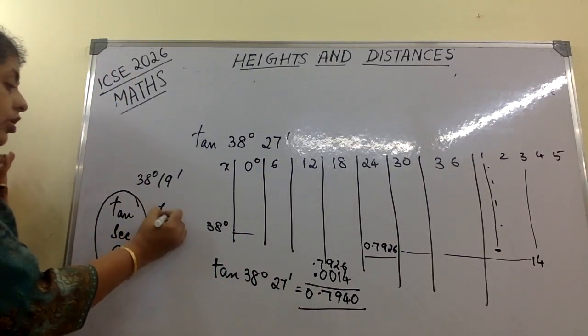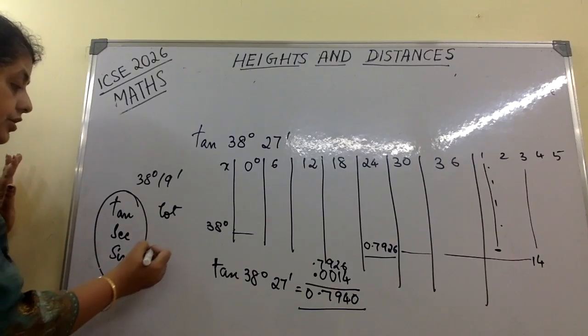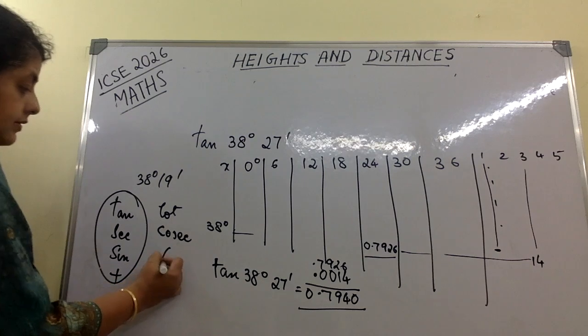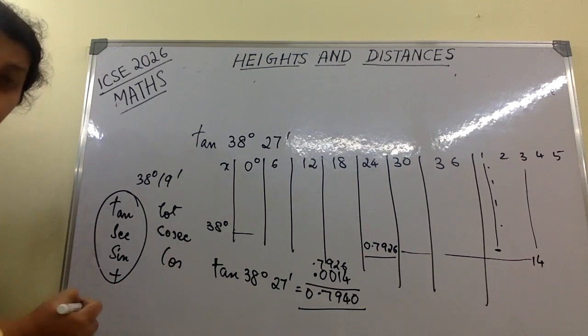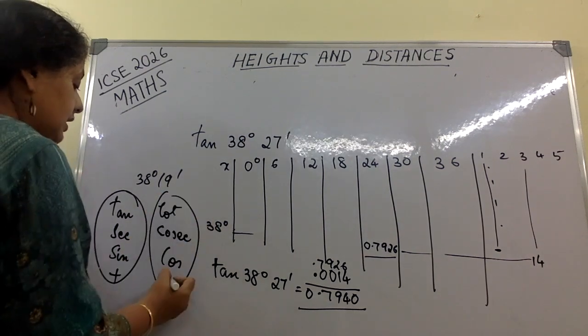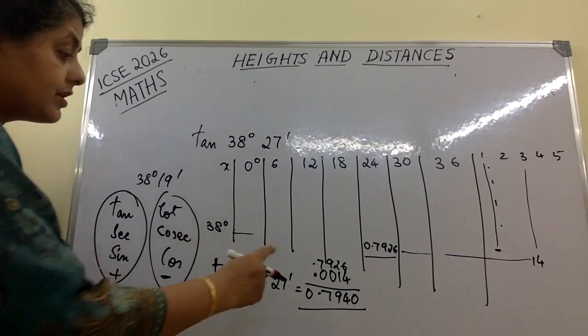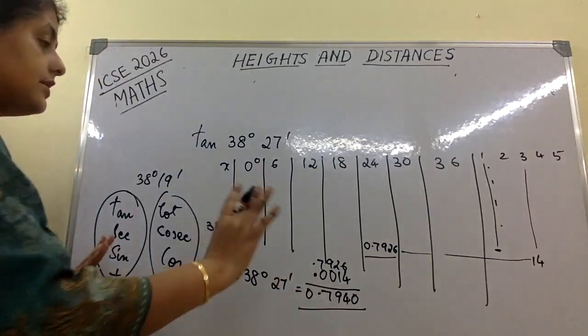For cot, cosec and cos, these three we have to subtract the mean difference instead of adding. The rest everything is the same.